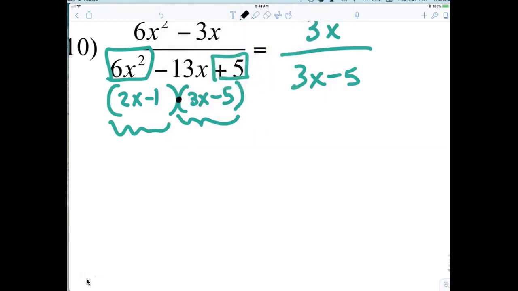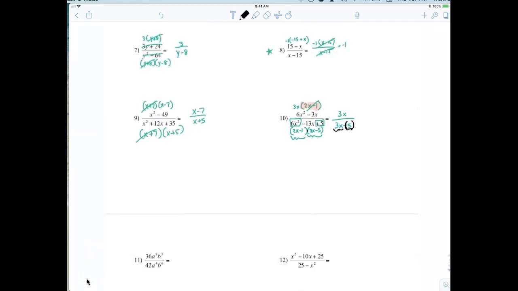You with me? This right here and this right here, that's one quantity. You with me? The 3x minus 5 is grouped together. You can't break them down individually. If it was 3x times 5, then we could cross out the 3x's. All right? So here we go.